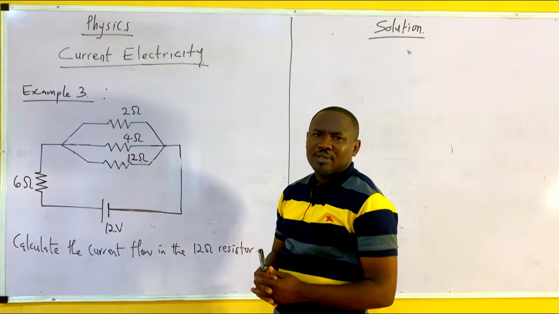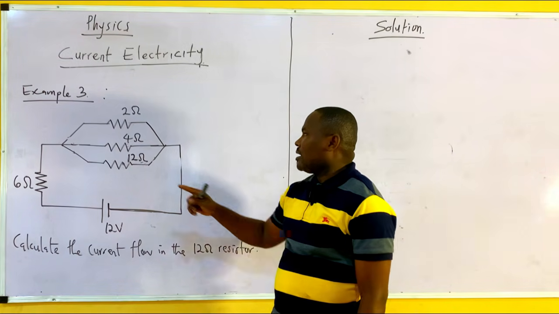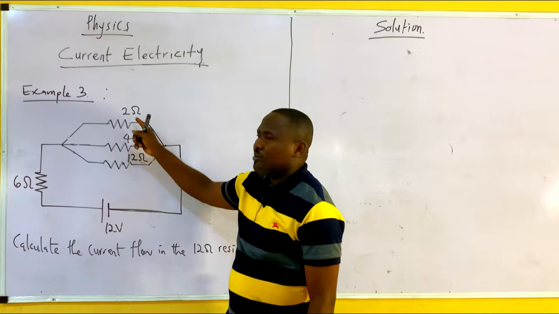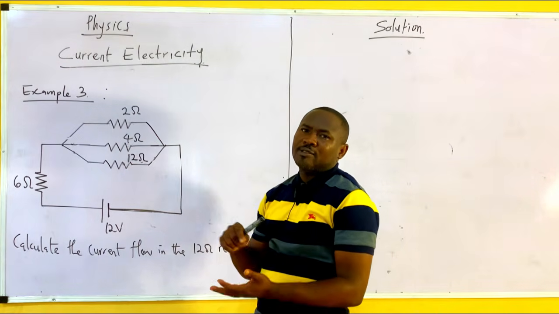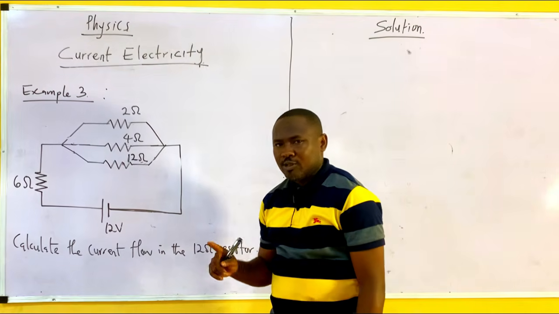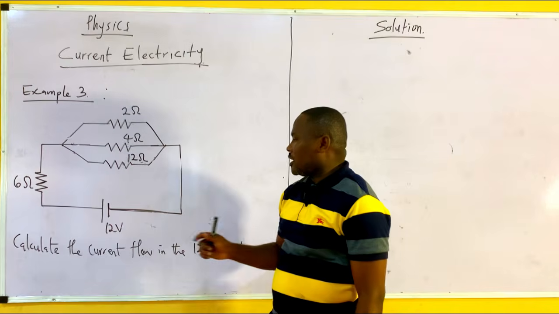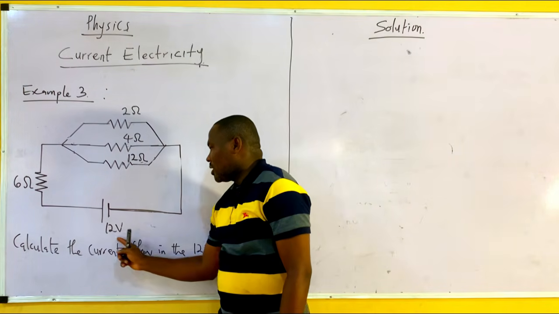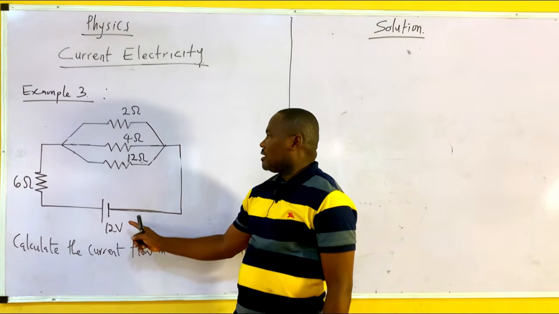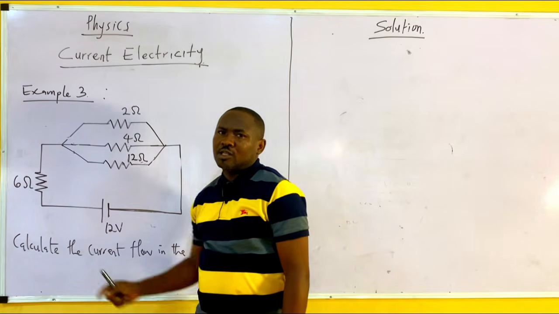Now what is the important basic that you know in this topic is that for resistors in parallel, they have same voltage but different current. But resistors in series, they have same current but different voltage. Now, if the total voltage in the circuit is 12, what is the total current in this circuit?